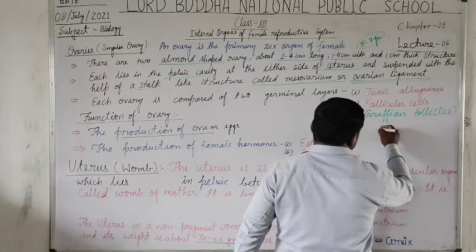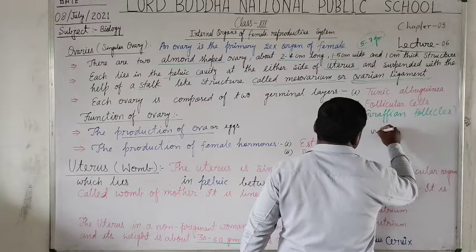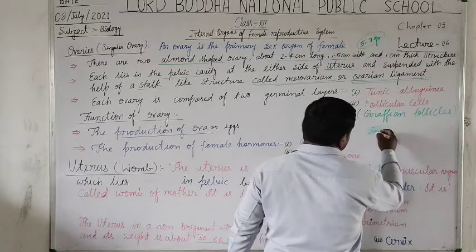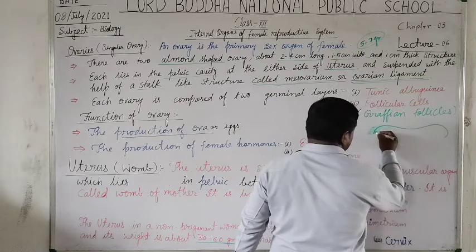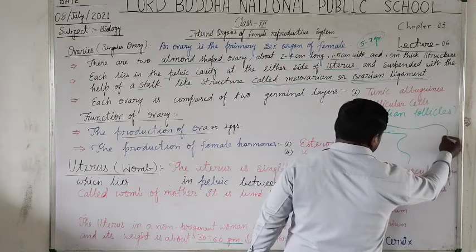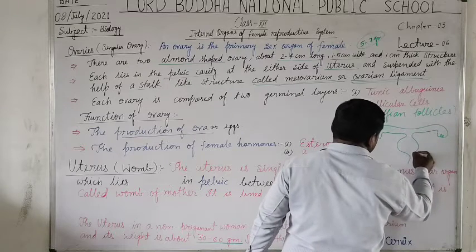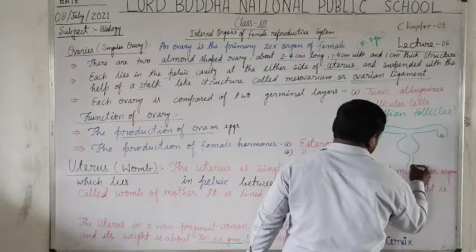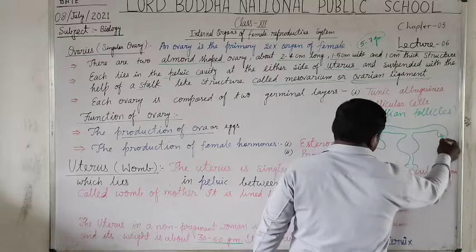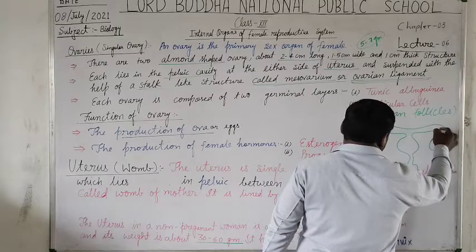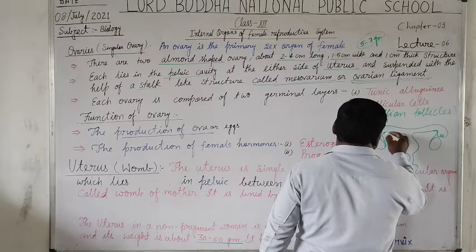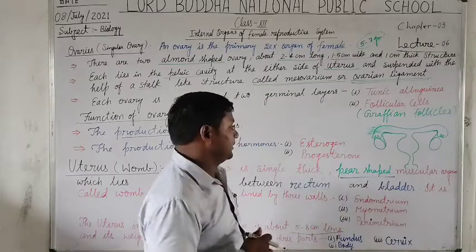So here I draw the structure of a fallopian tube. This is the fimbriae. And students, here each ovary is hung with the help of the stalk-like structure called the mesovarium or ovarian ligament.